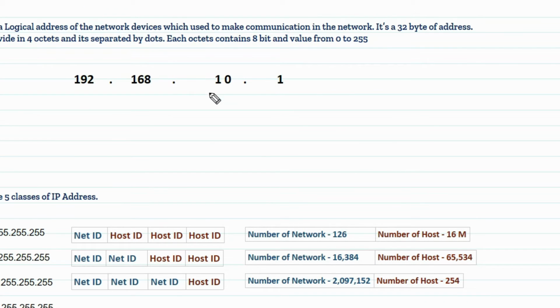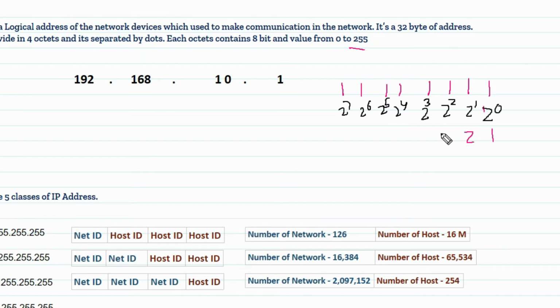Let me tell you how it becomes 255. If all bits are high, 1 1 1 1 1 1 1 1, how do we calculate this? 2 to the power 0 is 1, 2 to the power 1 is 2, 2 to the power 2 is 4, 2 to the power 3 is 8, 2 to the power 4 is 16, 2 to the power 5 is 32, 2 to the power 6 is 64, 2 to the power 7 is 128.